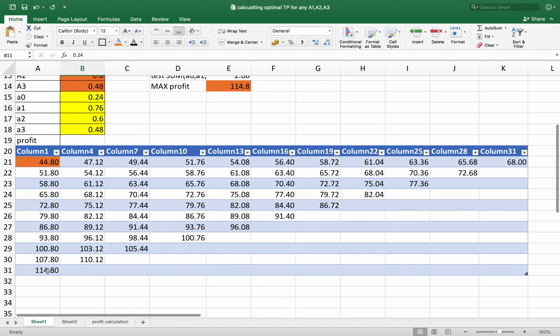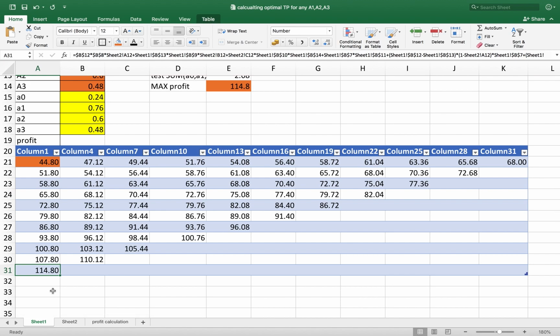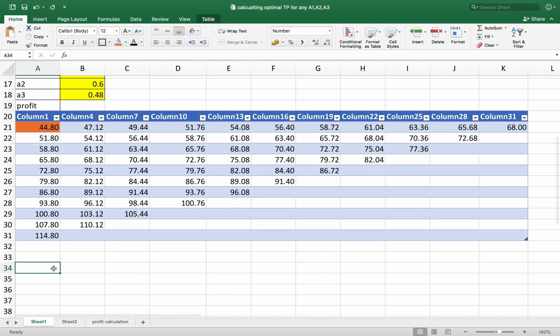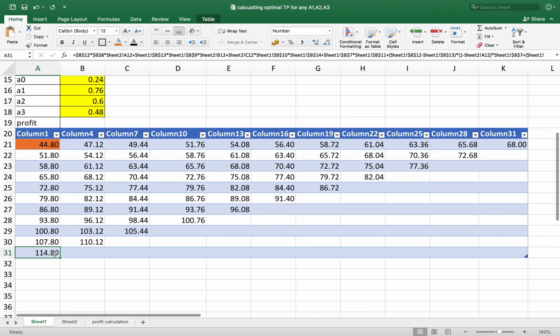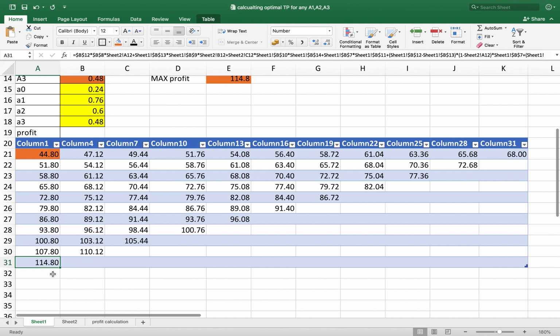So you see that I would only win 114 instead of 140. So let's assume you make 10 trades a month, you would win $1,140 instead of $1,400. So that's a big difference. It's a significant difference.